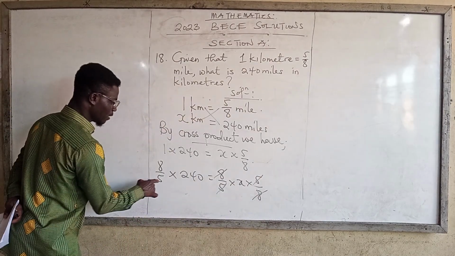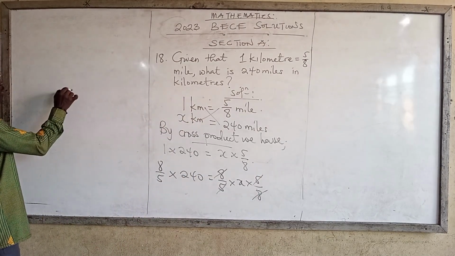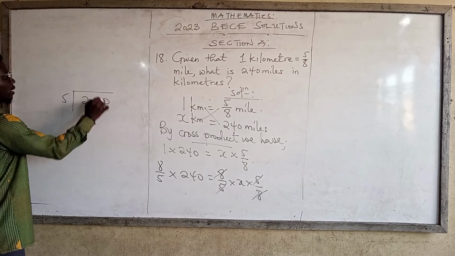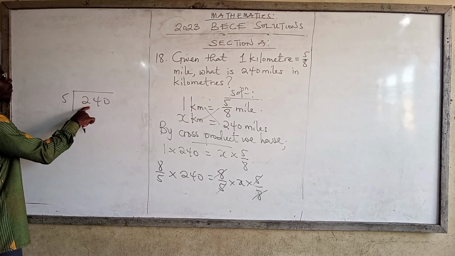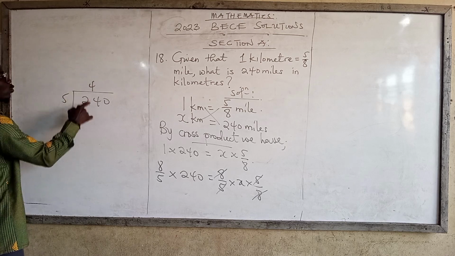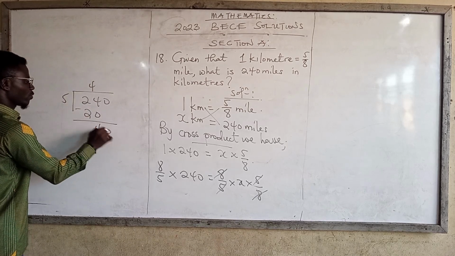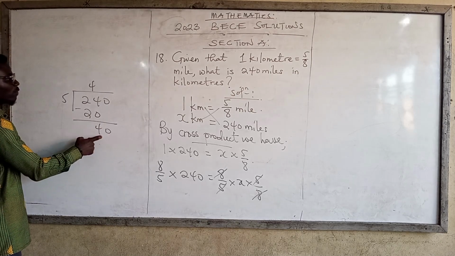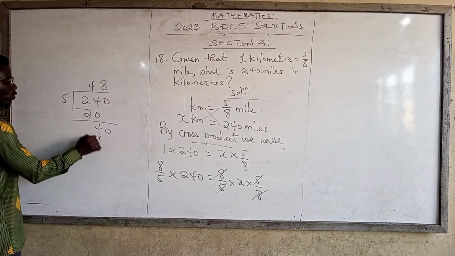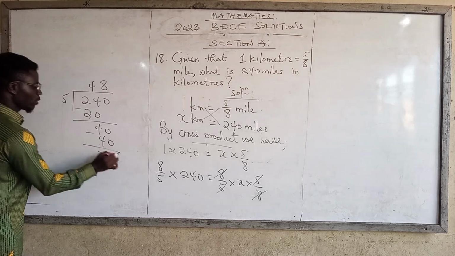So here, let's see, 5 will go into 240 how many times? Long division, 240 divided by 5. 24, 5 times 4 we have 20. We subtract, we obtain 40. 5 into 40, 5 times 8 is 40. We subtract.